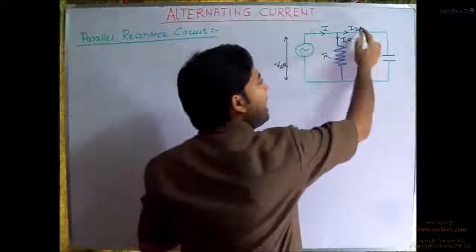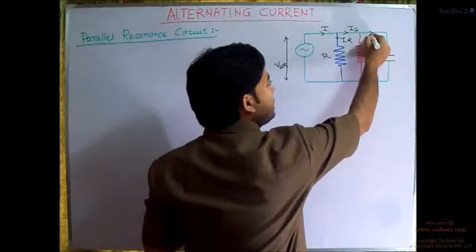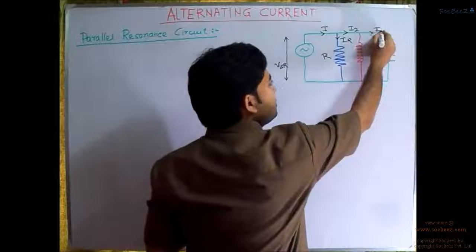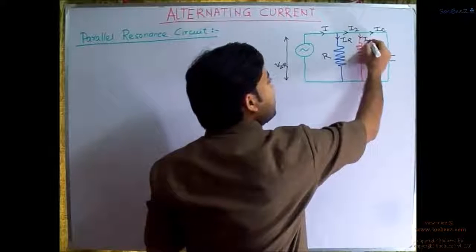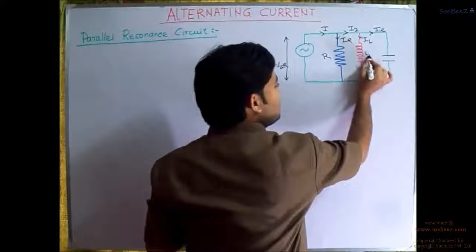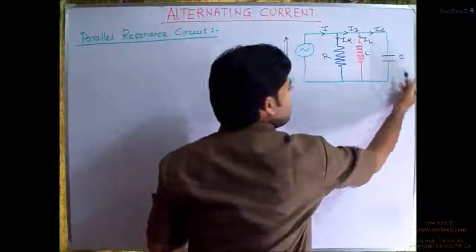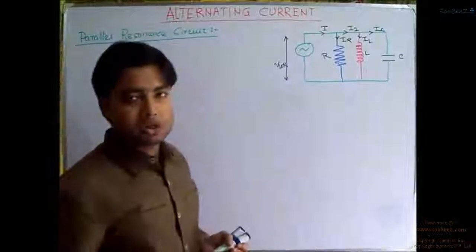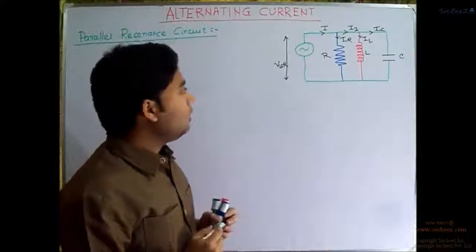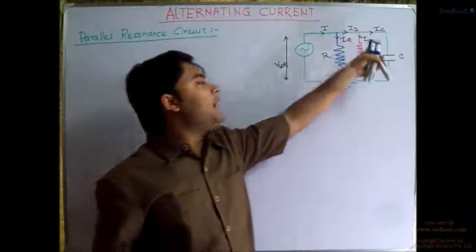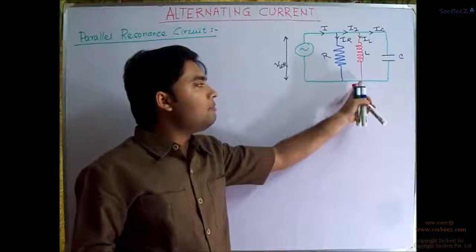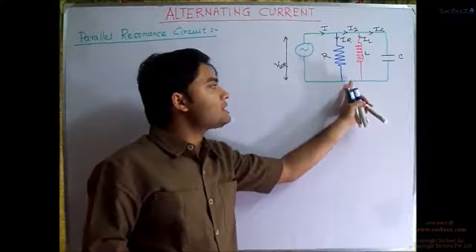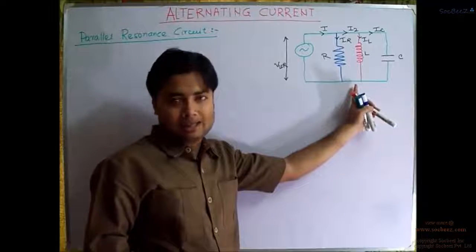And this I2 again is divided into IC and IL, where this is L and the capacitance of this capacitor is C. Again, when it comes back, IC and IL come to this junction, and we shall get this current as IL plus IC.